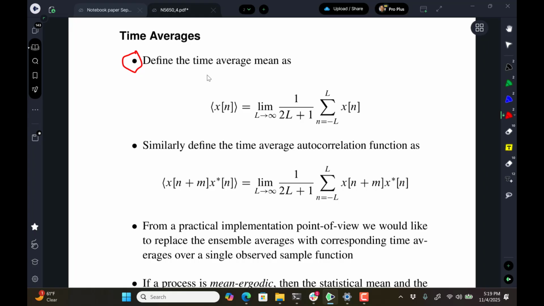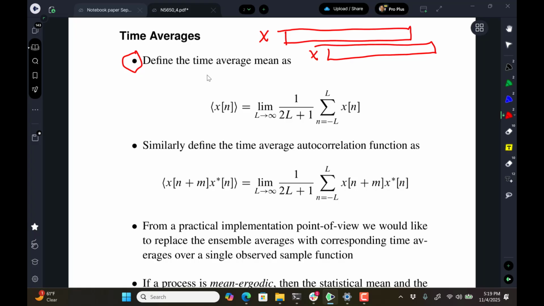So the time average autocorrelation can also be defined in a like fashion. You take x at n plus m, so it's like you have a bunch of values in x, and then you can shift it so that the difference is m.